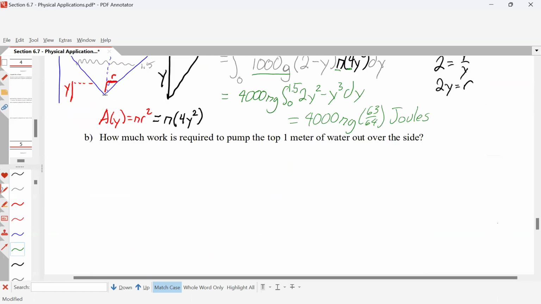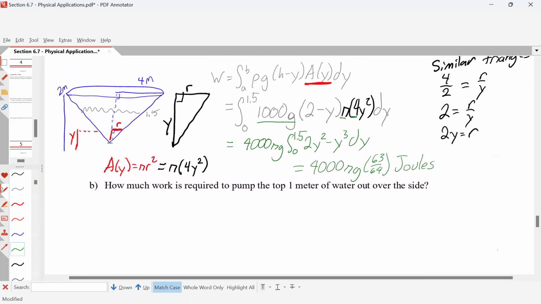Now, what if we only want to pump the top 1 meter? The inside of that integral is going to stay the complete same, because we still have this layer of water we're pumping out.